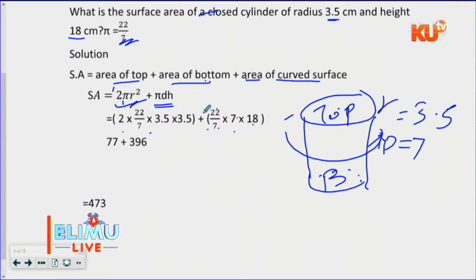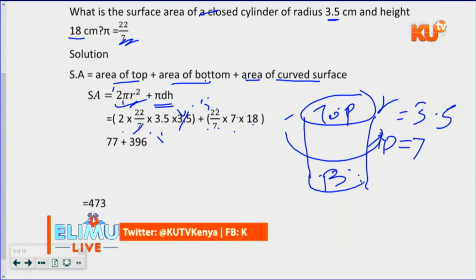So we do our calculations. 7 here, 1, 7 here, 7 will go there, 0.5. When we multiply 2 times 22 times 3.5 times 0.5, we'll get here 77.